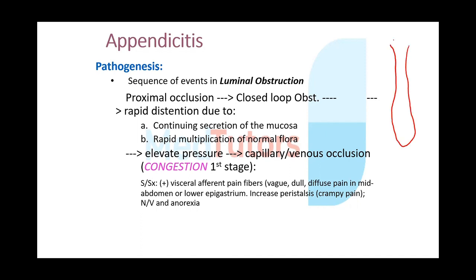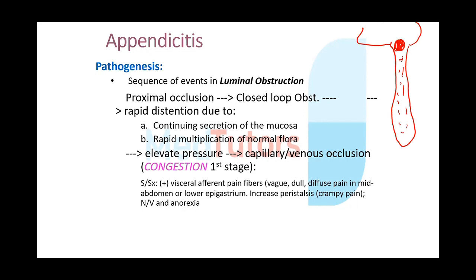You have the appendix, and this is the cecum. Maybe the fecalith blocks the base, so there is a proximal occlusion, and it forms a closed loop in the lumen.